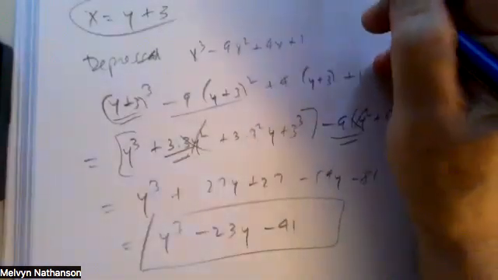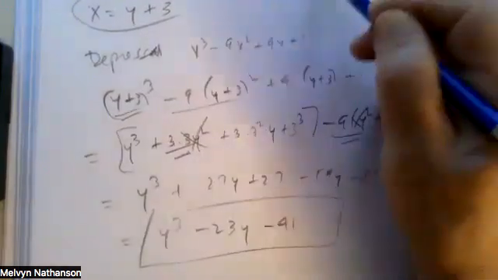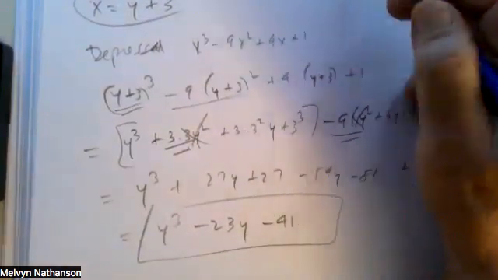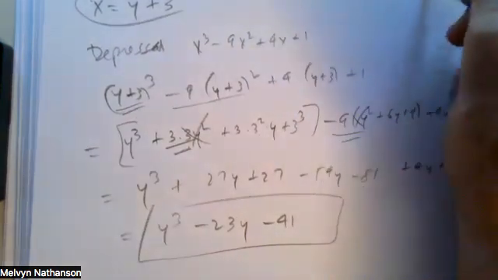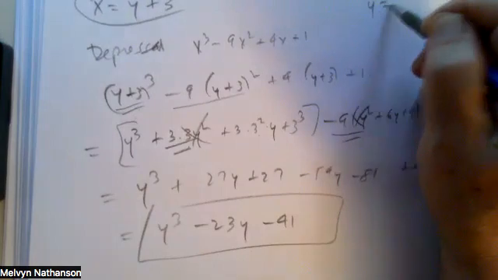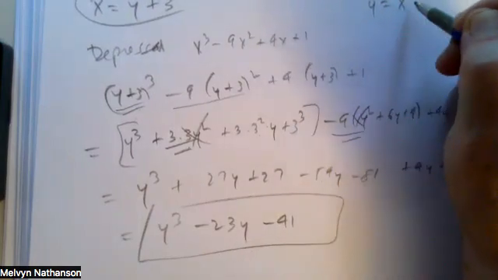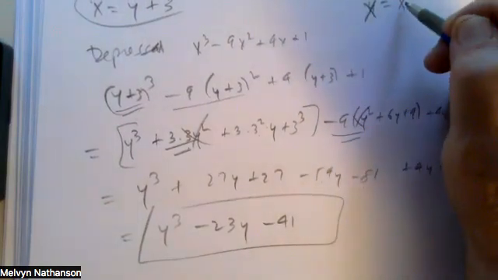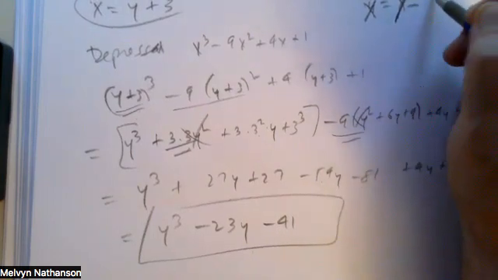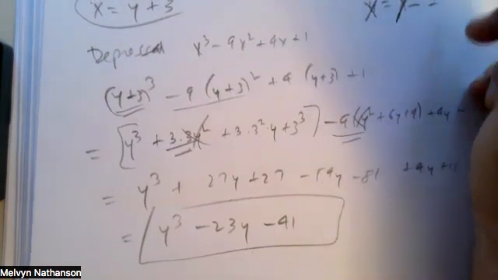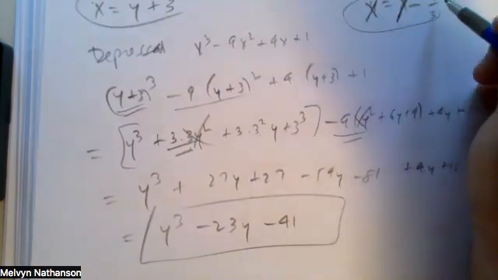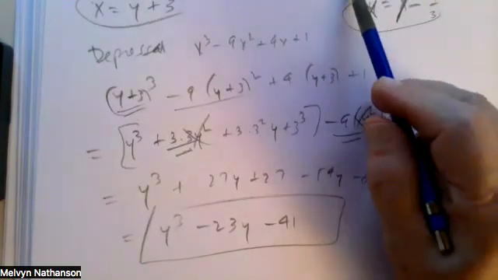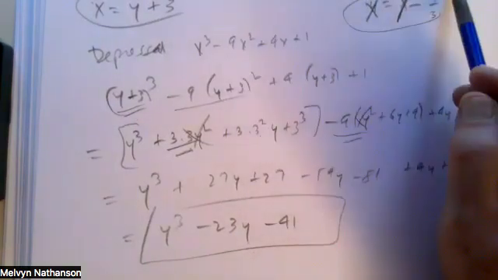In general, if you divide by the leading coefficient, so you have x cubed plus ax squared plus bx plus c, you let x equal y minus a over 3. If it's monic, it's exactly this.